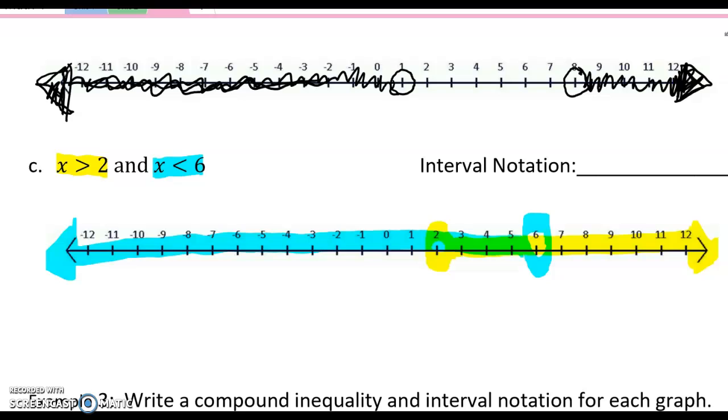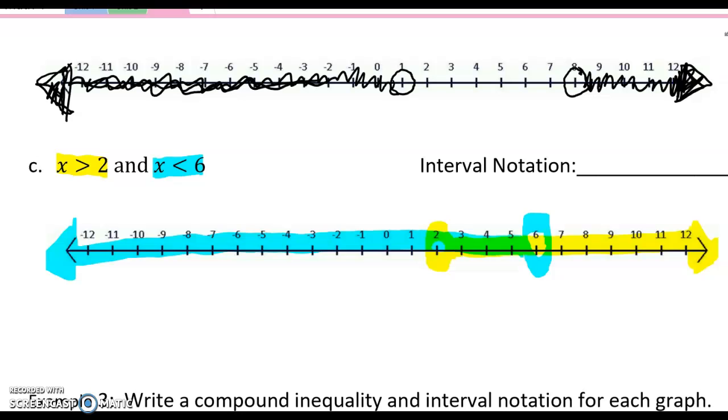So you notice that in this area where it is green, because yellow and blue make green, that is going to represent our final answer, our final graph for this compound inequality. Again, for the compound and, in terms of the graph, we want where the shadings overlap.